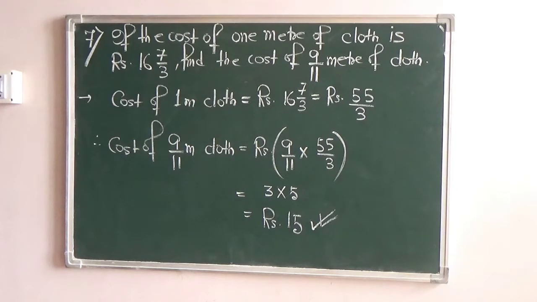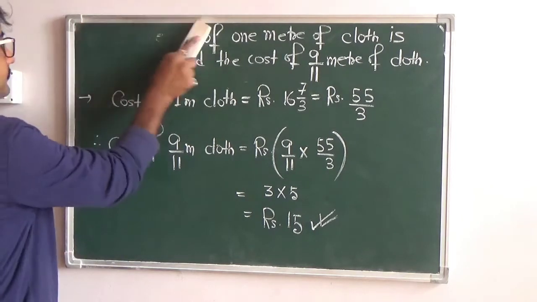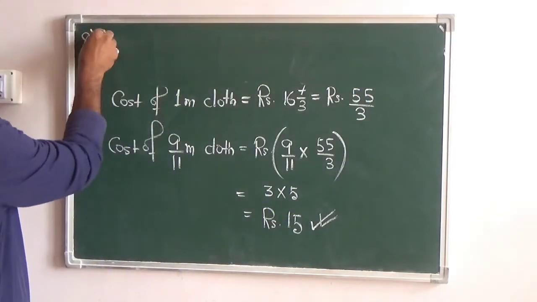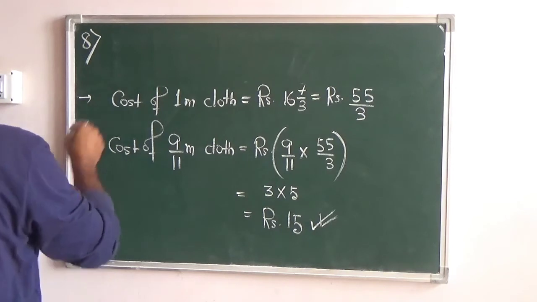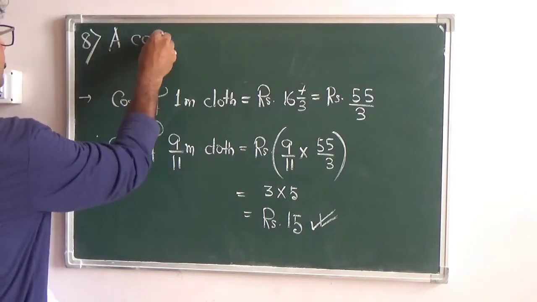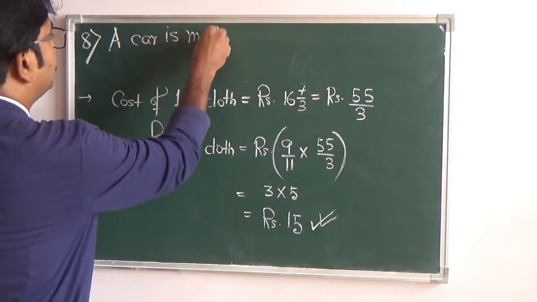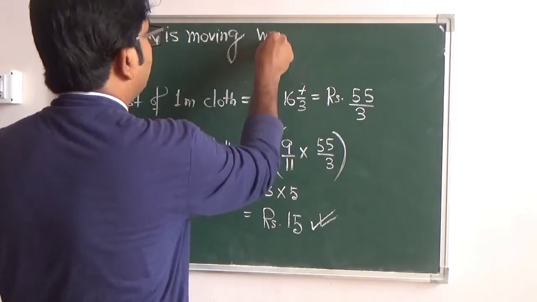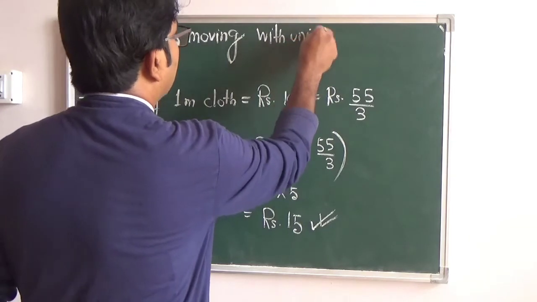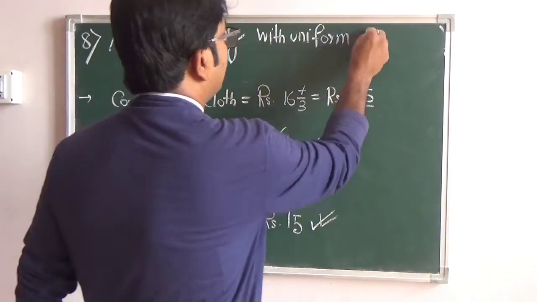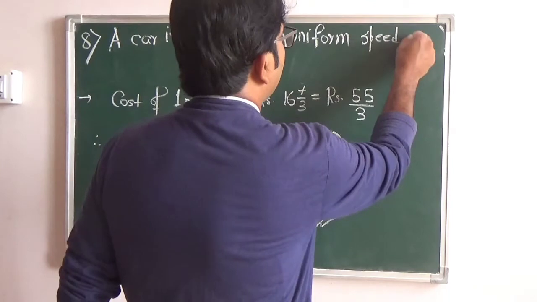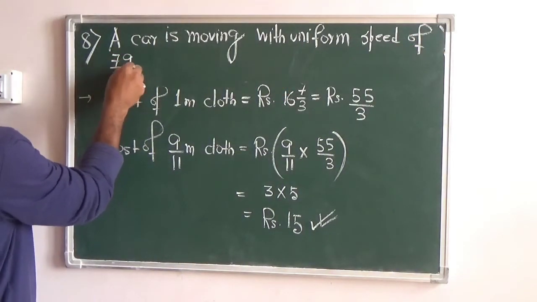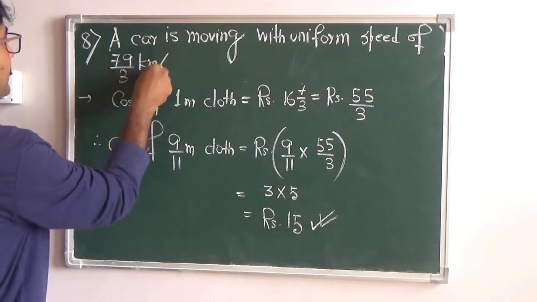Now I move on to question number 8. A car is moving with uniform speed of 79/3 kilometer per hour.